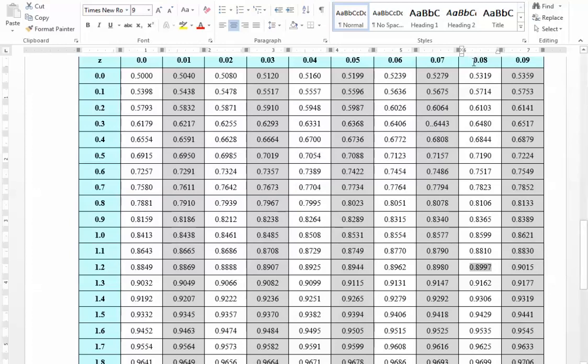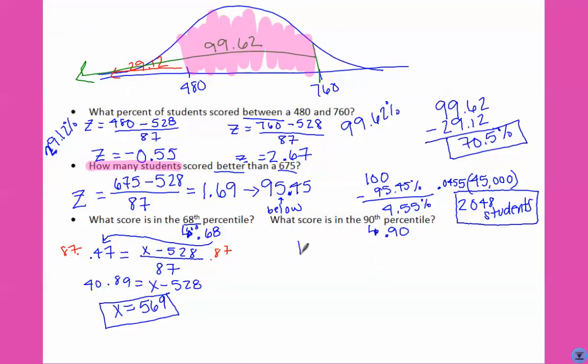Now, if your z-score is off by 1/100th of a decimal, it'll be okay. I'll know what the answer is. But if it's a typo in your own answer on the SOL, you could have problems. So we're going to use 1.28 as our z-score. So 1.28 equals x minus 528 all over 87.